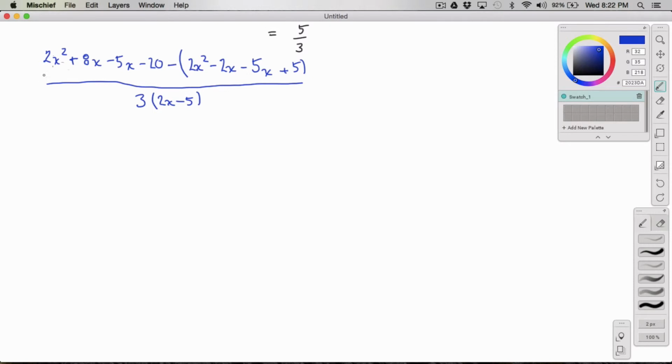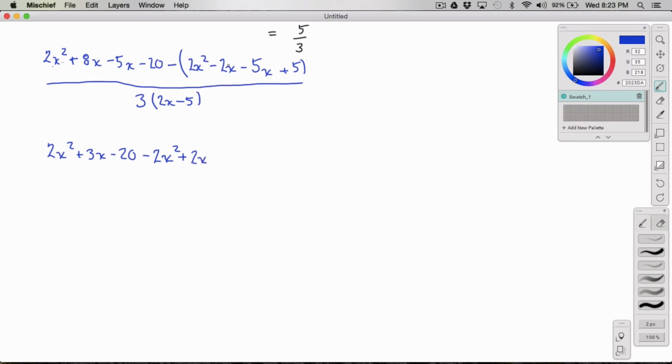Now let's combine like terms. I have 2x squared plus, here's an 8x minus 5x, so I could clean that up to a 2x squared plus 3x minus 20. And then now I'm going to distribute the minus. So this becomes a minus 2x squared, and a minus a negative 2x becomes a plus 2x.